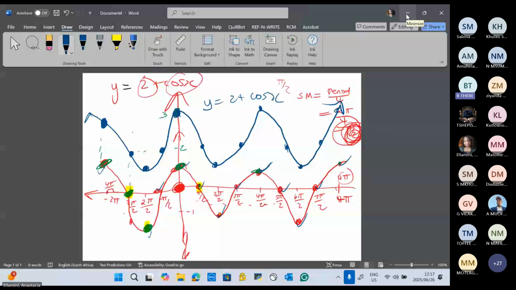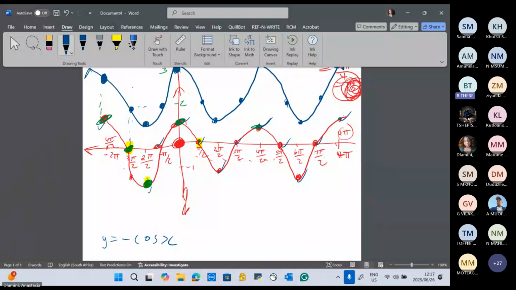Ma'am, before you move, can I ask? Remember we said earlier, in high school, we used to write it from -360 to 360. If you request a graph like that from us, how would you ask it?